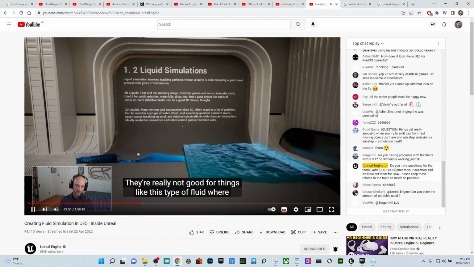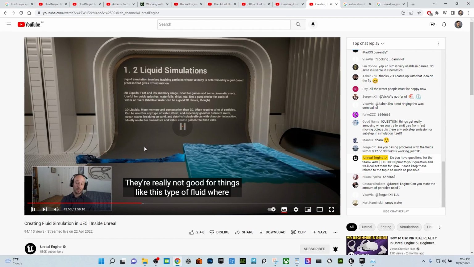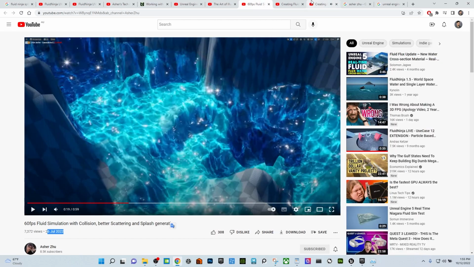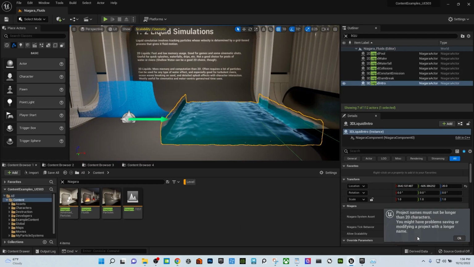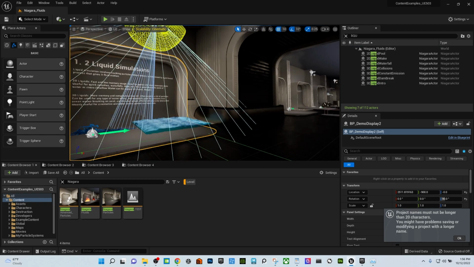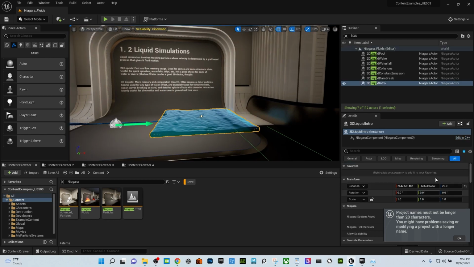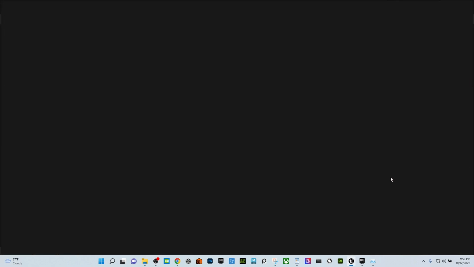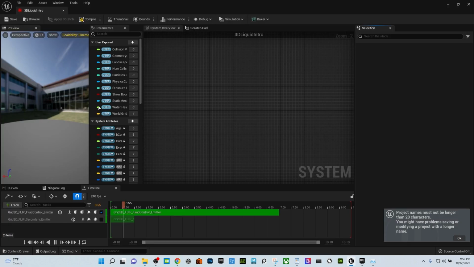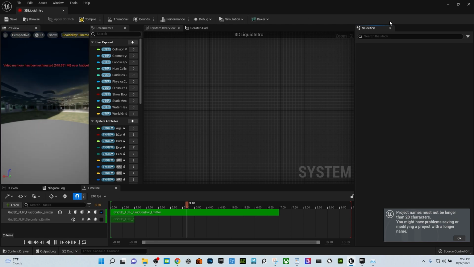They're really not good for things like this type. I'm not sure of all of the setups with Asher's example, and when I go in to test much further, it tends to get very involved, and I get issues with video card memory and other such things.